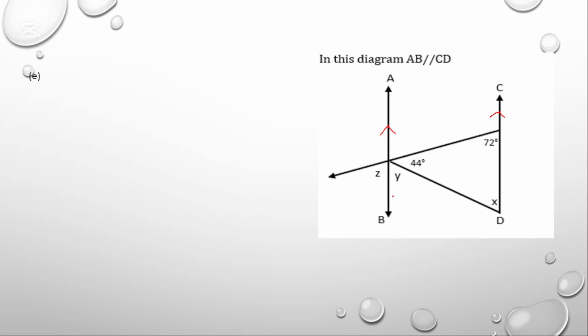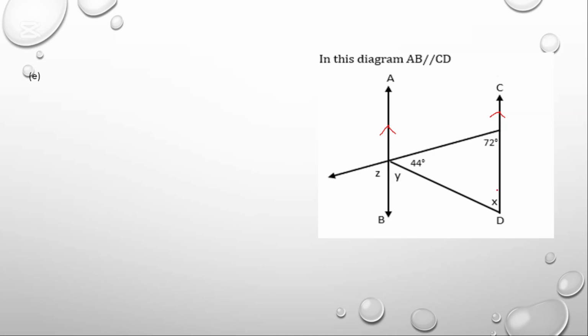Here we have two parallel lines, and we can still make use of corresponding, alternate or co-interior angles. Or we can make use of our three angles of a triangle or adjacent angles on a straight line. We start with X. And you can see that here we have a triangle, and the three angles of a triangle equal 180.